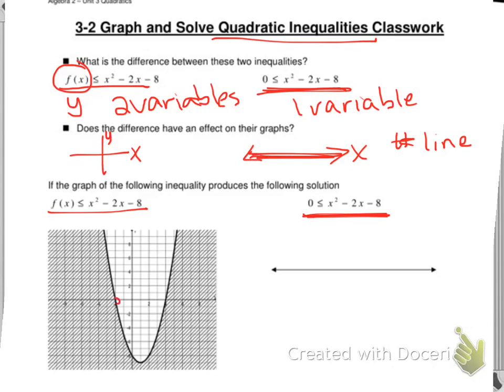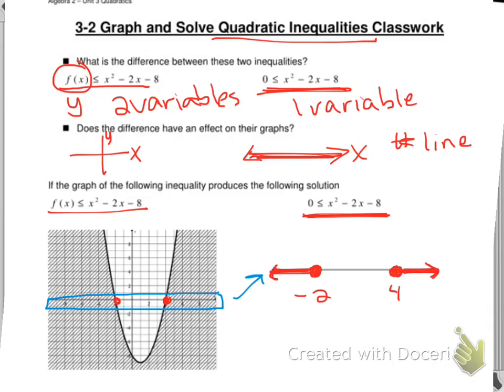I'm going to need the two x-intercepts, the two main points, and I'm going to translate them and put them right here: -2 and 4. Then I take the shaded parts and put them here. Essentially what I have done is I have taken what's on the x-axis and redrawn it on a number line.